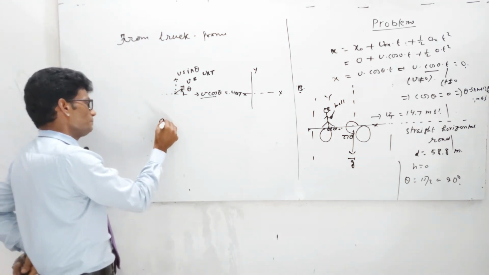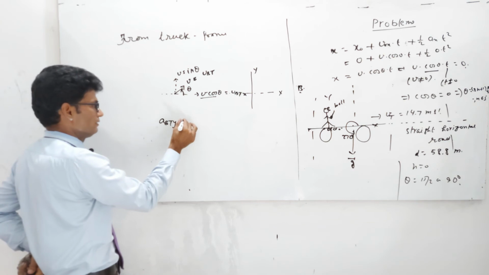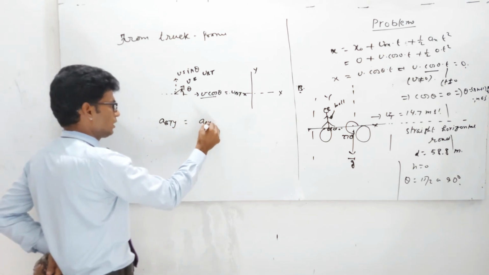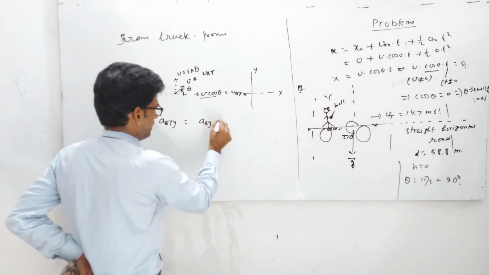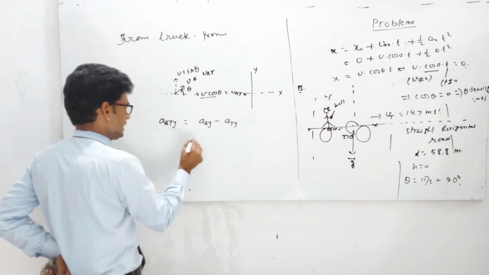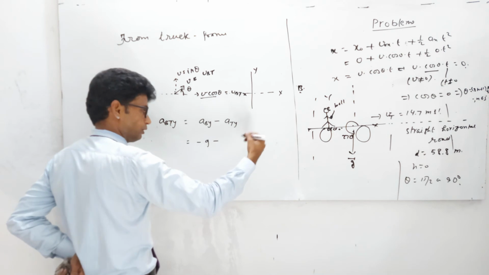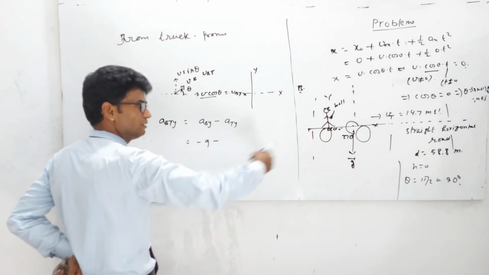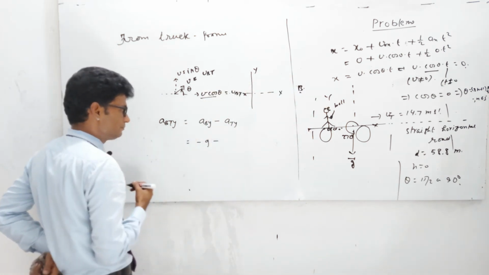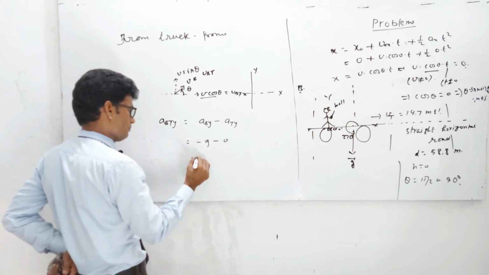So here a_by, minus a_ty. So a_by is minus g. a_ty, because the truck is moving with constant velocity in the horizontal direction, comes out to be 0. This is the minus g.